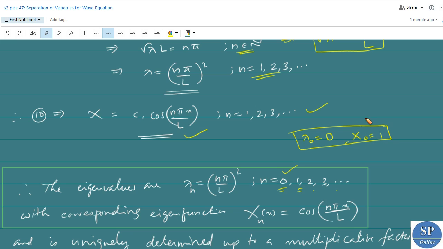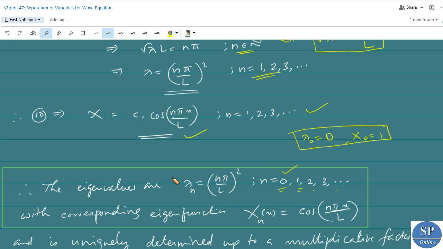That is, X0(x) = cos 0, which is 1. So we have included the eigenvalue λ = 0 also here.